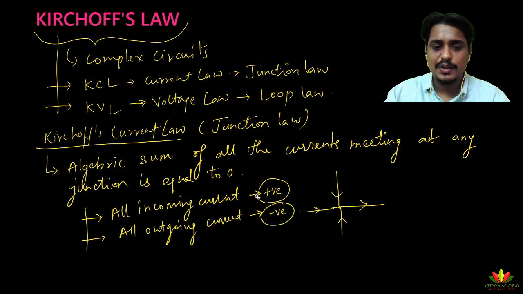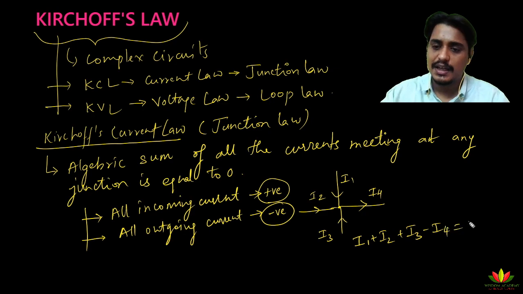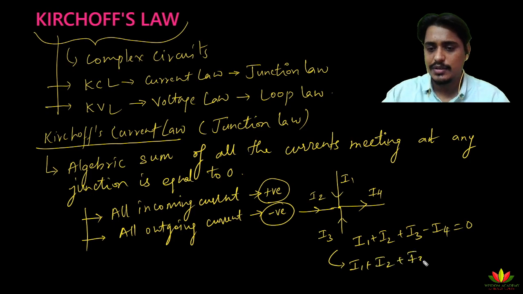If you want to follow the opposite, you can; if all incoming currents are assumed negative, then all outgoing currents will be positive. Suppose at this point I1, I2, I3 are incoming currents and I4 is the outgoing current. Taking incoming as positive, I can write I1 plus I2 plus I3 minus I4 is equal to 0. Solving further, I get I1 plus I2 plus I3 is equal to I4.